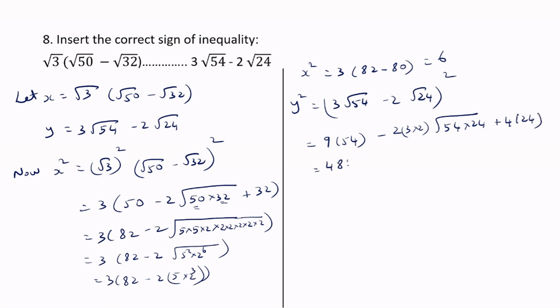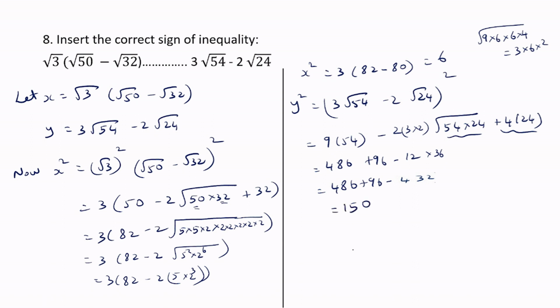So this is 486, 4 into 24 is 96 minus 12 into this root 54 into 24, it is 54 is 9 into 6 and 24 is 6 into 4. So this is root 9 is 3, root 6 square is 6, root 4 is 2. So it is 12 into 36. So this is 486 plus 96 minus 432. This when we simplify we get it as 150.